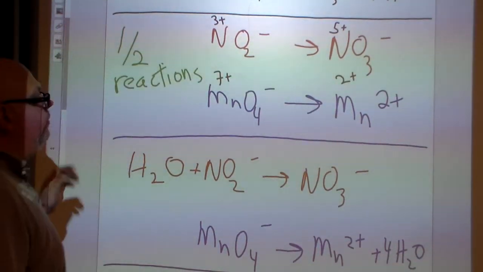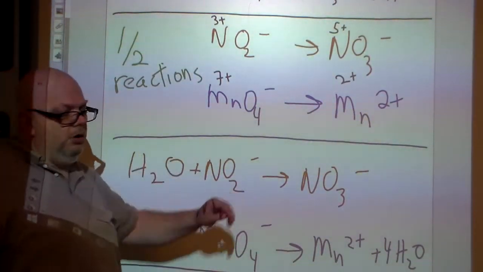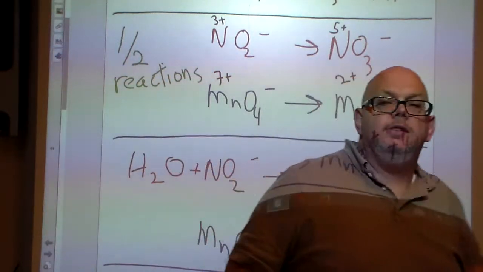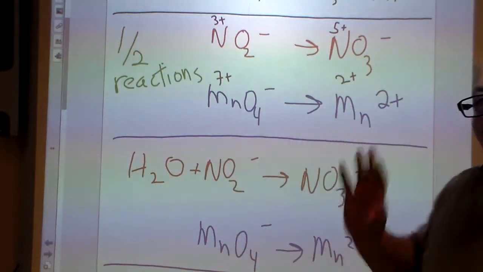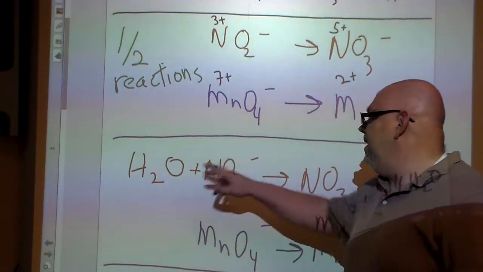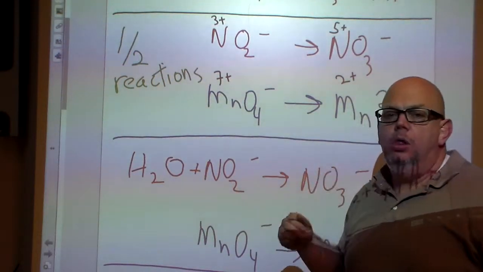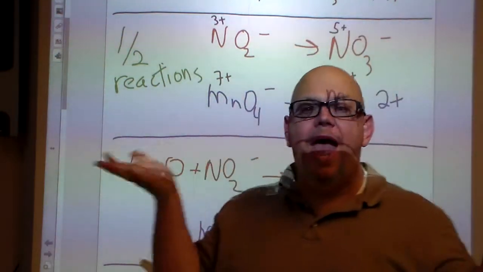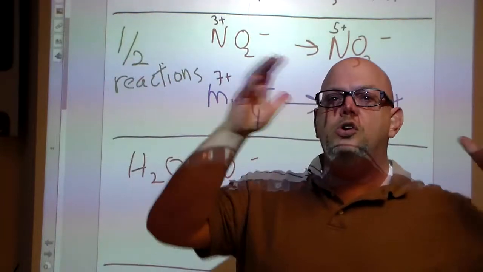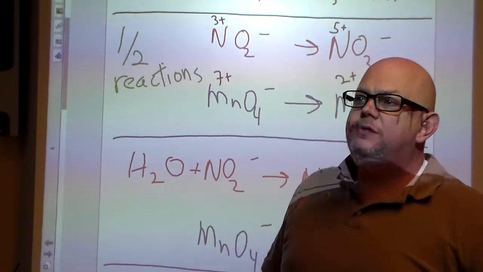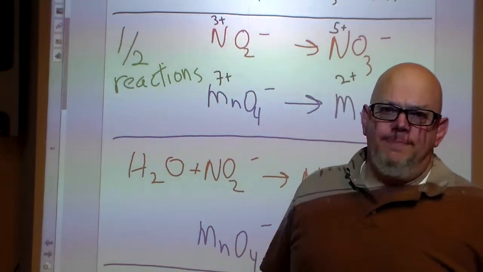Okay. Well, the first thing we need to do here in our equation is balance out the oxygens. We've got to add water so we can make the number of oxygen atoms equal. You'd say, wait a minute, why don't you add O2 or O3 or just simply O's by themselves? It doesn't work that way.